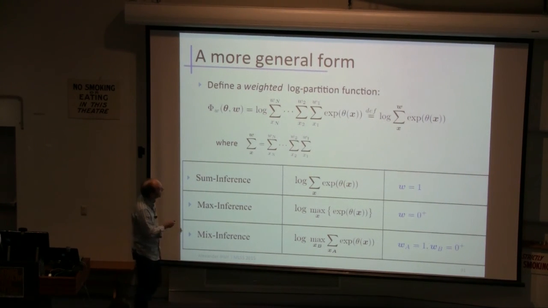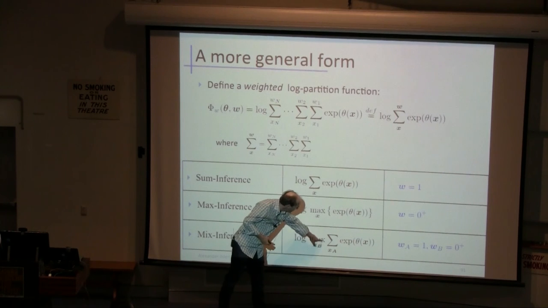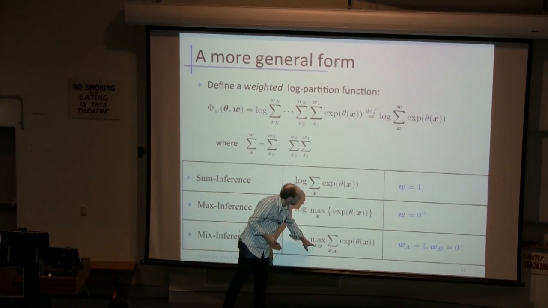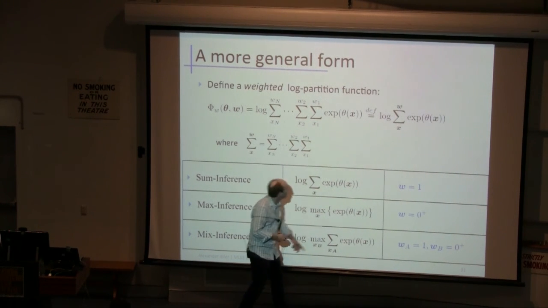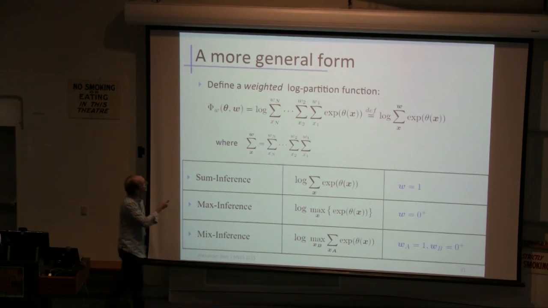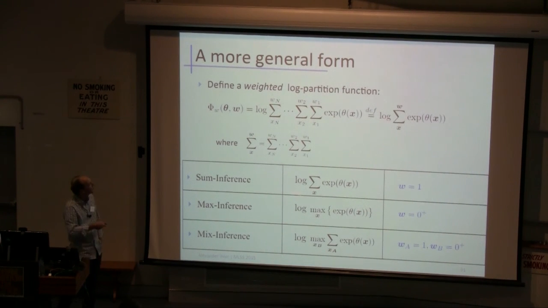So what we can do is assign each variable its own weight. And for variables in this set that we want to maximize, we assign them weight 0. And for variables in the set we want to marginalize, we assign them weight 1. And so now this weighted partition function encompasses all of these three problems and lets us deal with them on equal footing and derive a variational form for this weighted partition function.